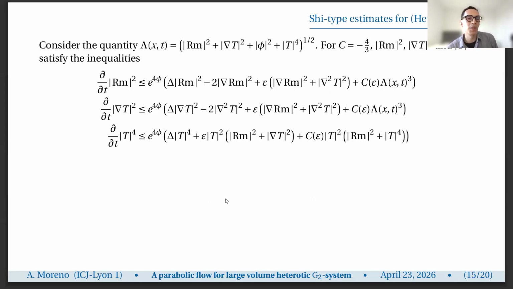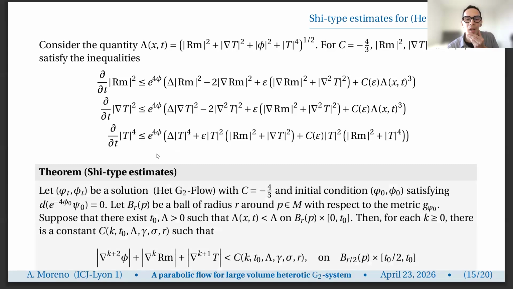So you just try to apply some inequalities for this choice of the value C. And what you get are some inequalities for these quantities, and using them you can apply the maximum principle in order to get some estimates, which are called the Shi type estimates.